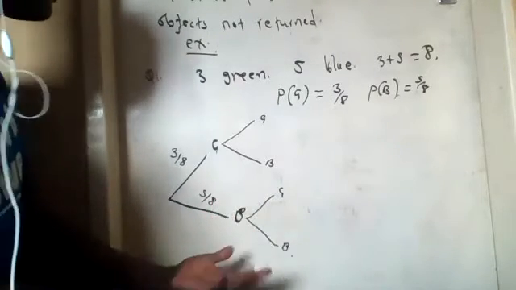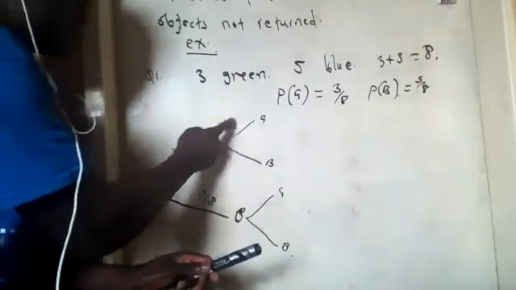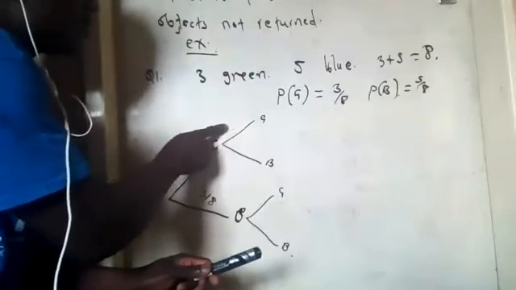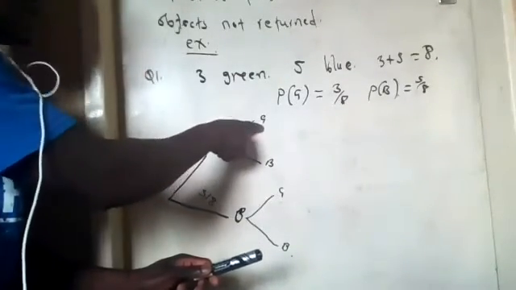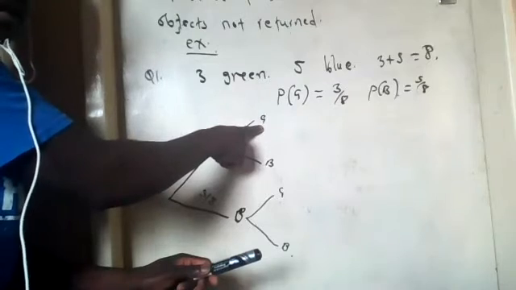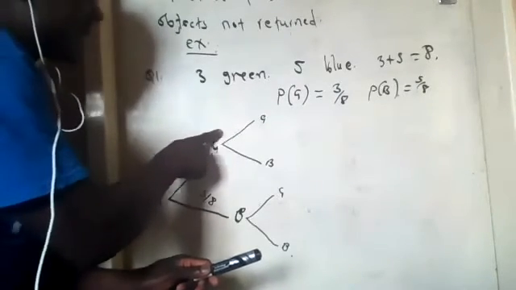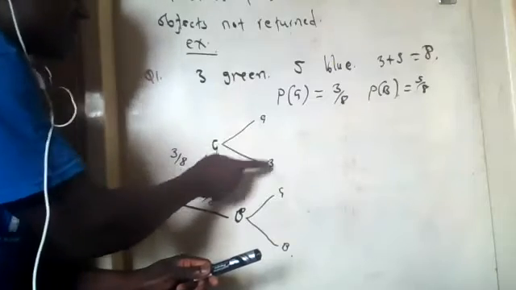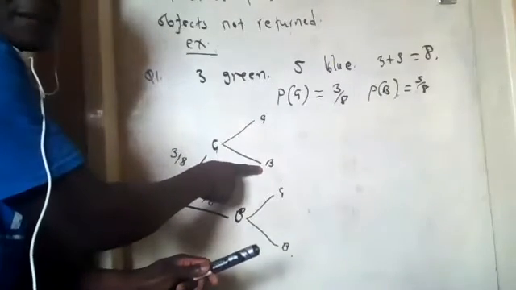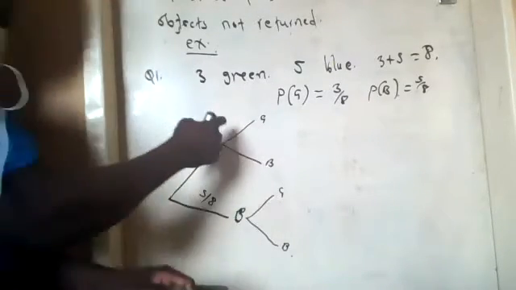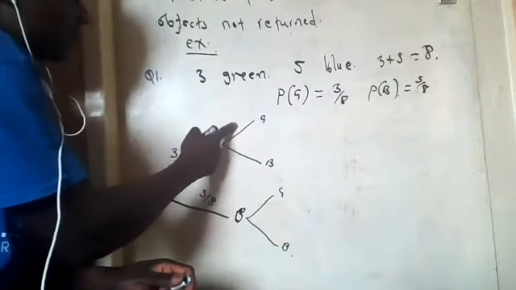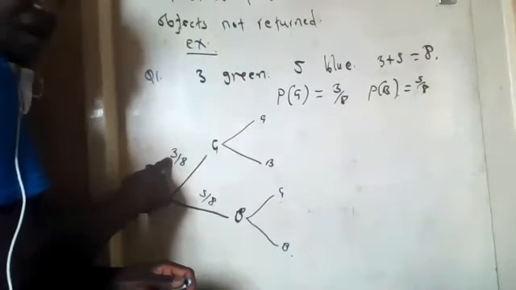Now once you do that, here we are going to assume that the one which was picked was green. That's what to do. We are going to assume that what was picked here was green. So if it's green which was picked, blue will remain the way it is. If it is green which is picked from here, how many greens do we have here?